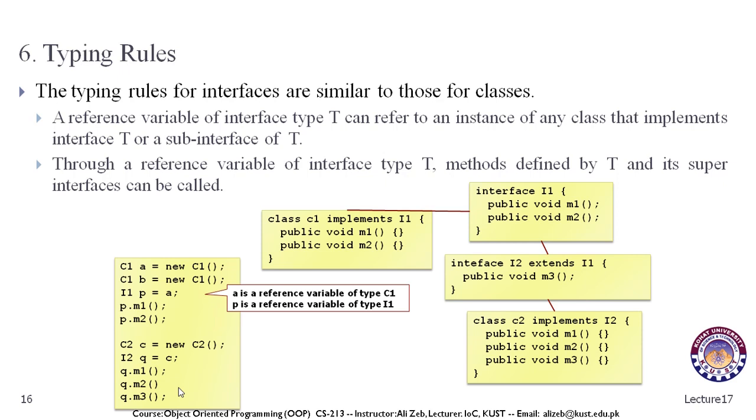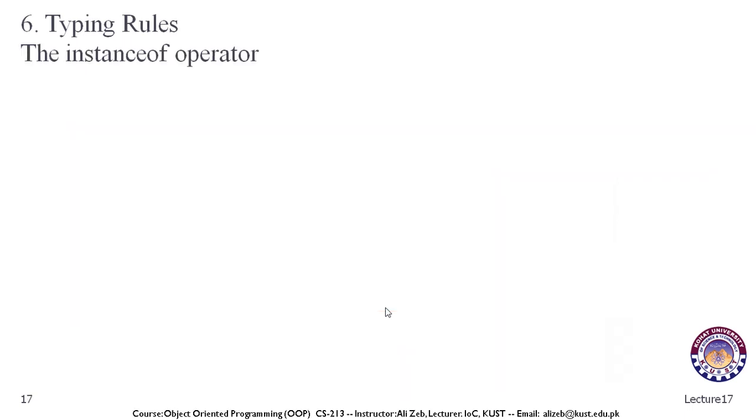A is a reference variable of type C1. P is a reference variable of type I2. So A is basically an object of class C1, and P is a reference variable of type interface I1. The same as Q is a reference variable of type I2.